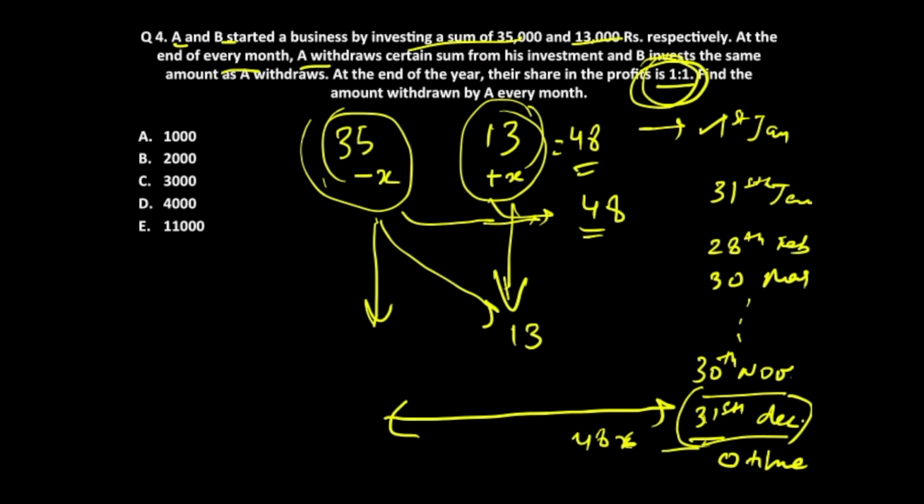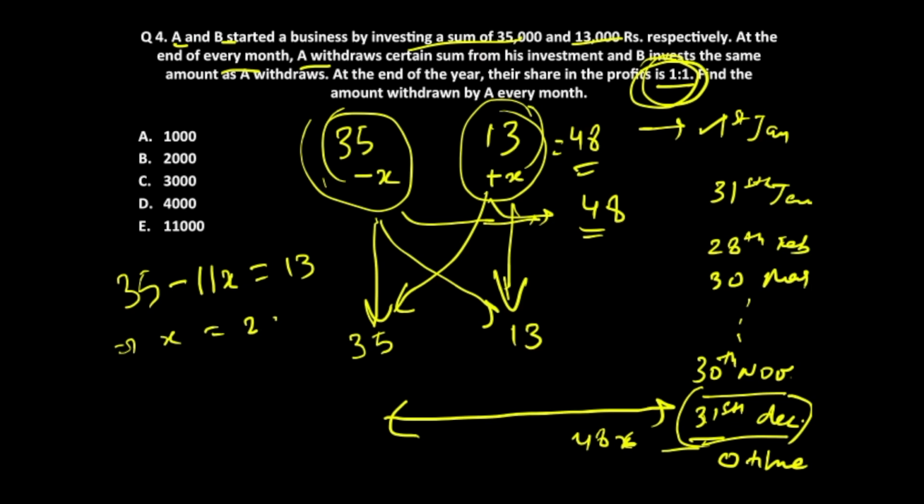So this thing would become 13 and this thing would keep on increasing and become 35. So we can write that 35 minus 11x would become 13, right? So when you solve for the value of x, you will get 2. But since we had considered 35,000 as 35, you know that x is 2000. Hence the answer becomes option number B.